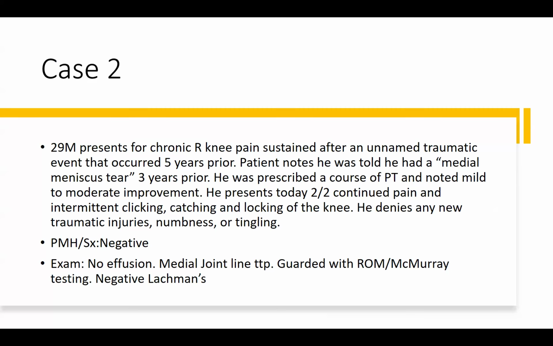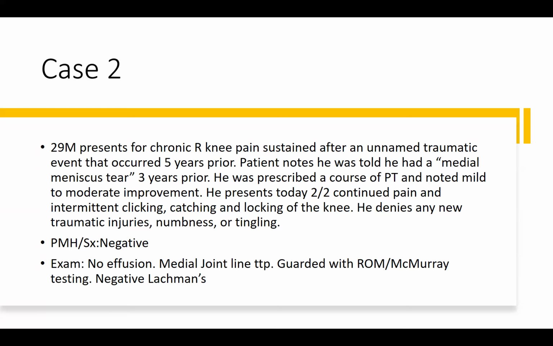Meanwhile, case two, a different presentation than case one. This is a 29-year-old gentleman who presents for chronic right knee pain sustained after an unnamed traumatic event that occurred 5 years prior. He notes that he was told he had a medial meniscus tear 3 years prior after failing conservative management before that injury that occurred 5 years prior.